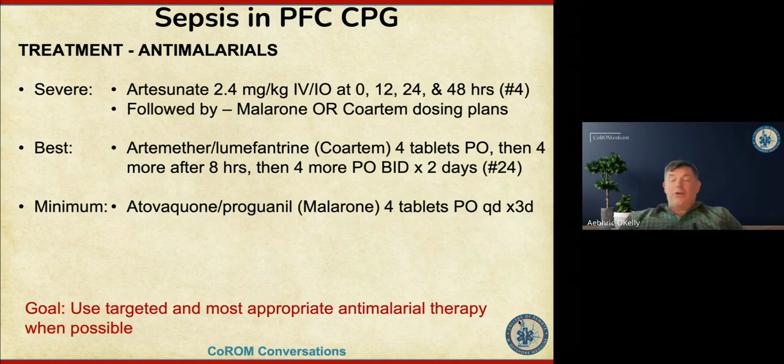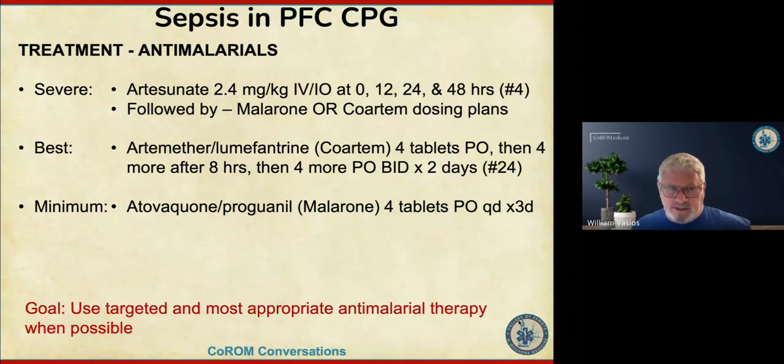Because it used to be over the counter, and now they're cutting down because of the fear of resistance to it. Yeah. So if you get a patient that's got really severe cerebral malaria, we had one case out of Central Africa come through, and once they got to Germany, they were on IV artesunate.